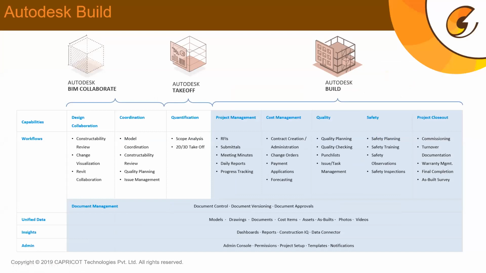So now when we talk about Autodesk Build, as Mr. Shantu rightly mentioned, today's focus will be on Autodesk Build, but the base of it, the foundation for any process or activity in construction, is documentation. How do we control the information that we have in a project which lasts for, let's say, 2 years or even 5 years? When we have projects of this scale, document control is one of the crucial features.